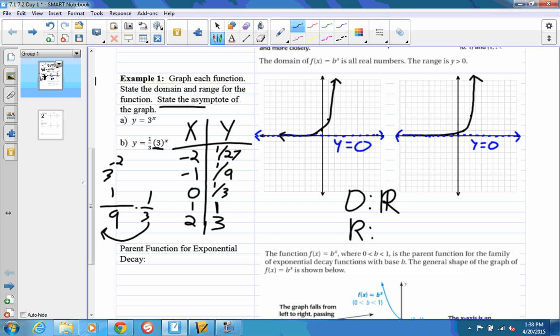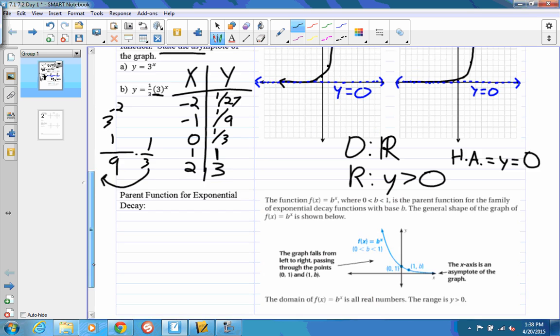Good. So it can't be negative. So y is greater than 0, right? For my restricted range. And for the asymptote, I'm just going to put HA because it's a horizontal asymptote at y = 0. Cool.